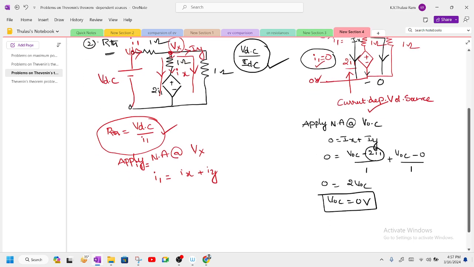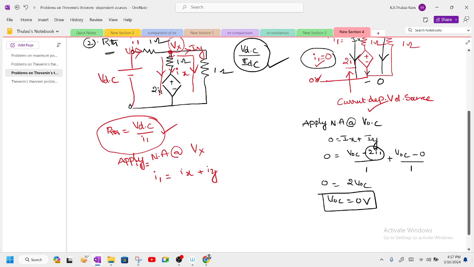Now how to write down I1? I want to write down this current I1. What is the voltage at this point? VDC, and the current is leaving here. The leaving polarity is positive and negative, so minus Vx divided by 1 is equal to Ix plus Iy.